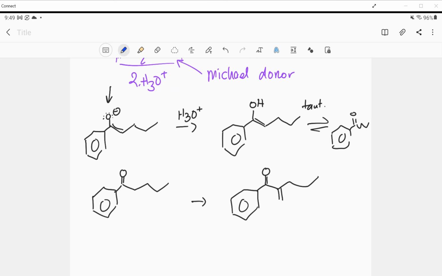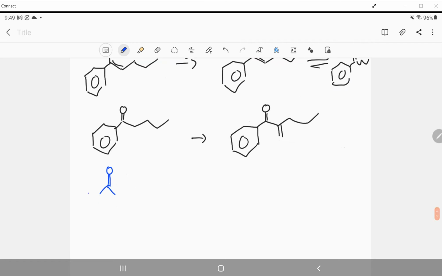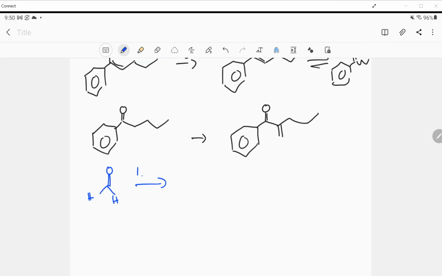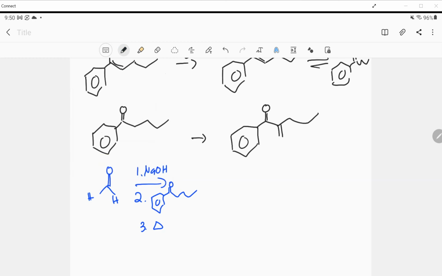Okay. What else? That's 2 of the 3 things we need. Where's our carbon coming from? Oh, formaldehyde. Formaldehyde, right. So, it's just the same as before. So we need to take our formaldehyde, treat it with NaOH to do nothing at all, and then we slowly add in our ketone, and then heat it up. And poof, we will have now added a single carbon with a double bond onto our molecule.